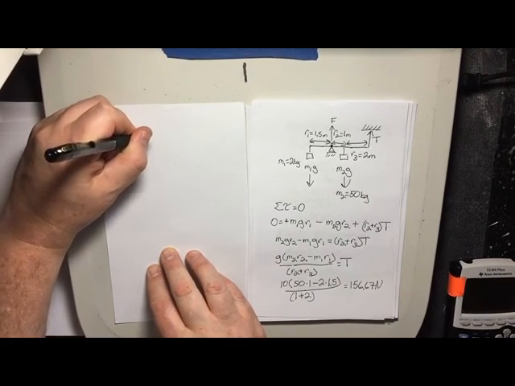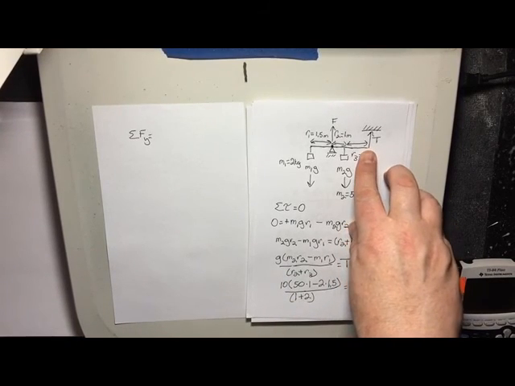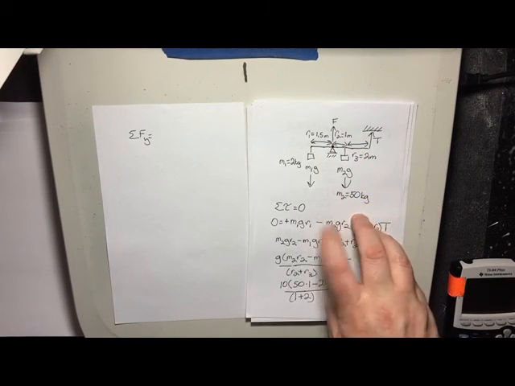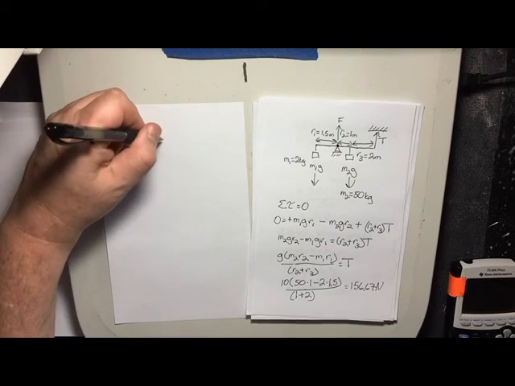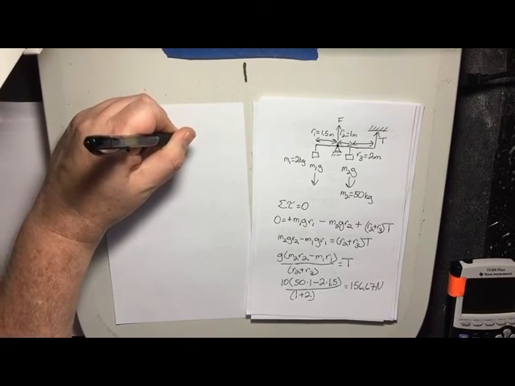Now, you could do this one of two different ways. You could either A, choose the rotation point to be at tension to find F, and do the sum of the torques again. I have found that now that you know what the tension is, you can find force really quick by just summing up the verticals.